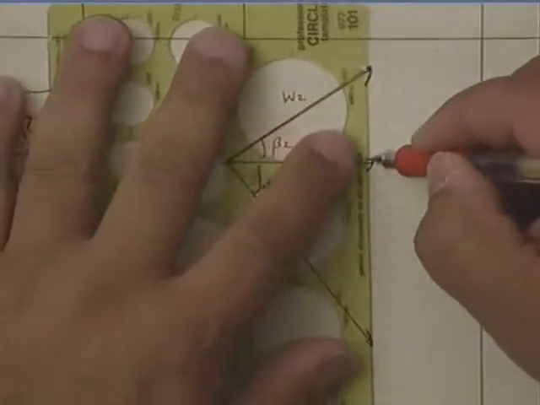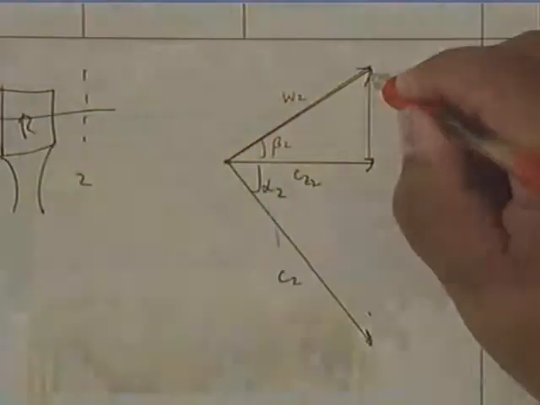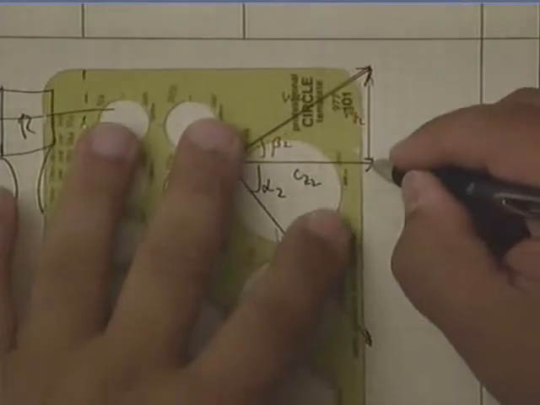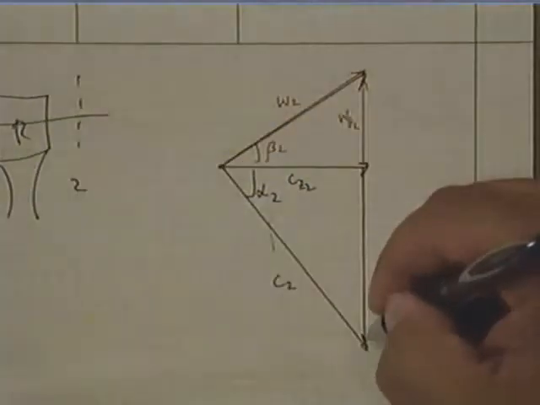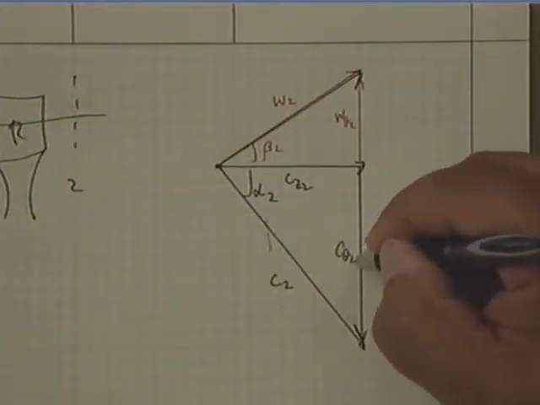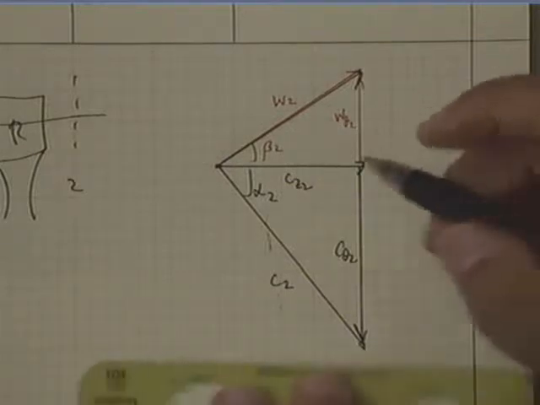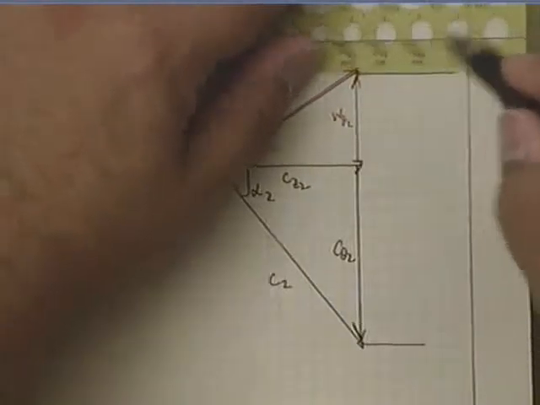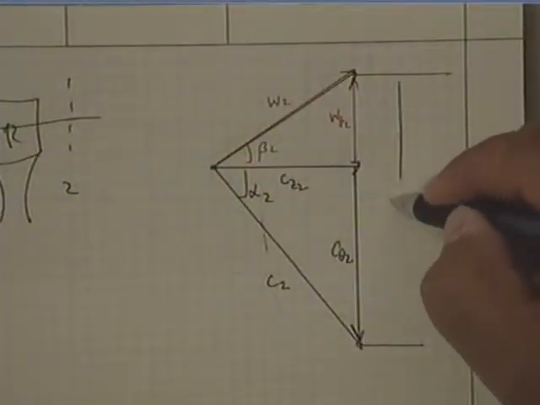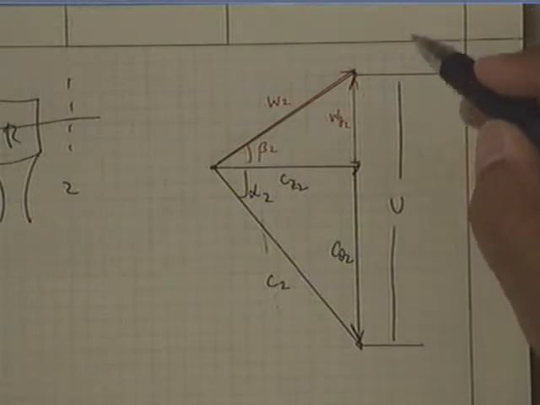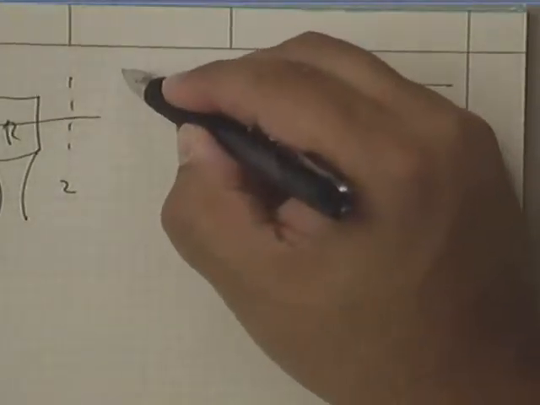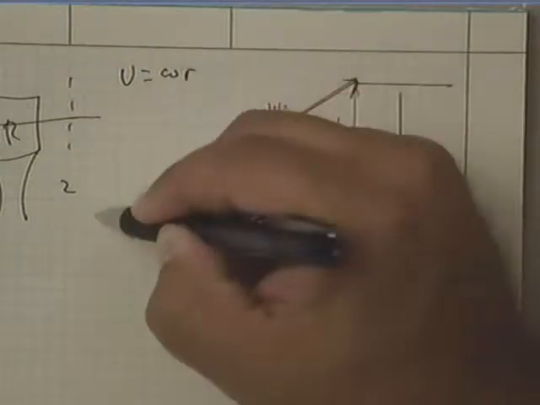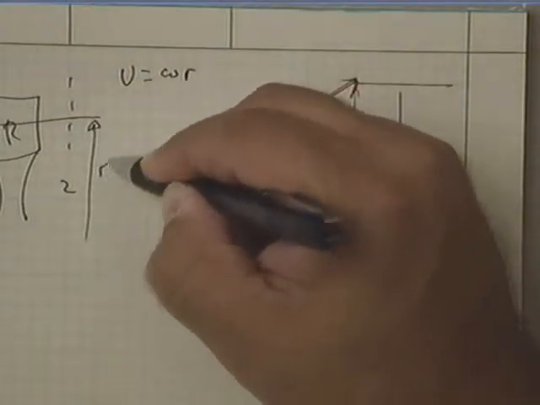And of course, this is the tangential relative velocity, W theta 2, and this is the tangential absolute velocity, C theta 2, and they are joined together by the wheel speed U. Again, just so you remember, U is equal to omega times whatever radius we're talking about here.